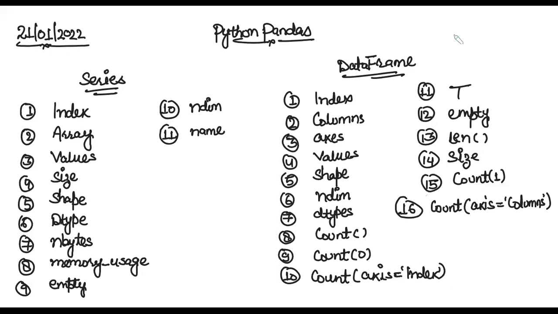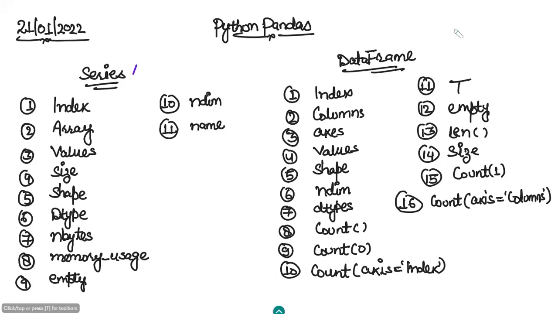So these are the methods or attributes. These are series methods and attributes, and these are data frame methods or attributes.